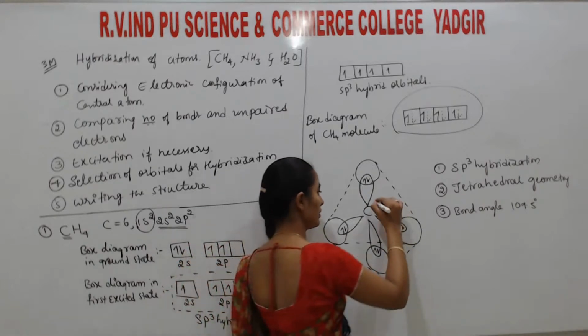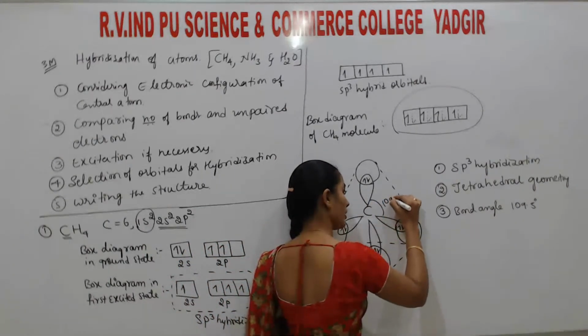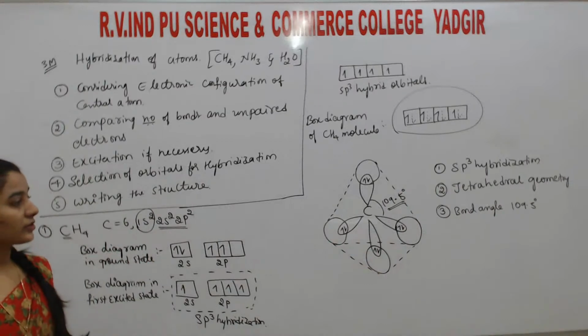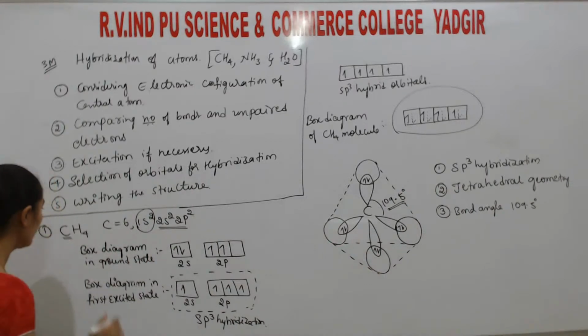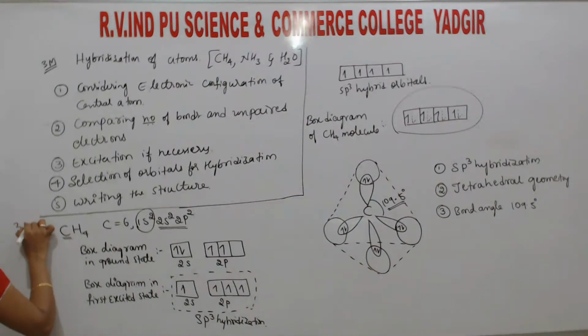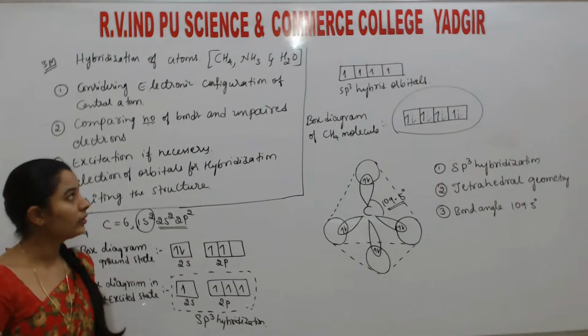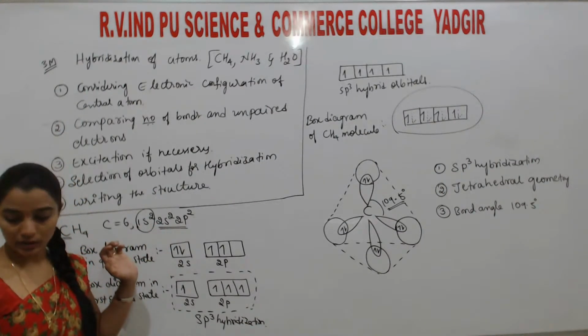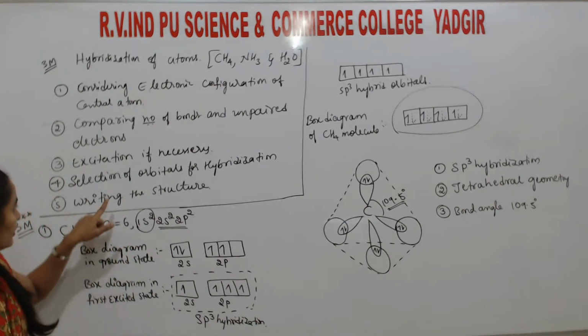Bond angle is what? This one, 109.5 degree. Okay, this is all about the structure of the CH4 molecule. If you write this much, you will get 3 marks, and it is very important. And as I wrote there, all the structures CH4, NH3 and H2O are important for 3 marks. Are you getting this idea?